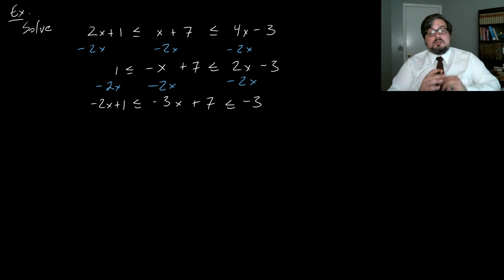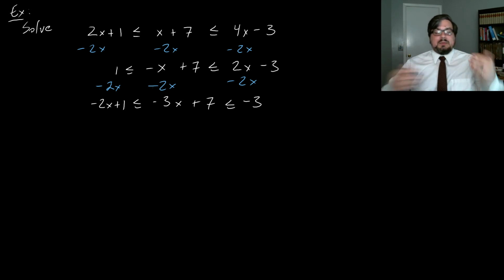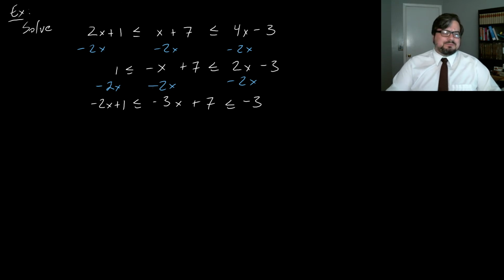And we're stuck, because if we keep going back and forth, back and forth like this, we're never going to be able to get just a single x in the middle side, and so we're not going to be able to solve for x the way we did before.